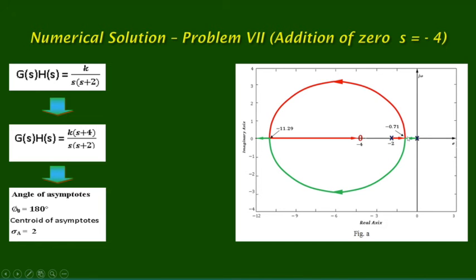Then this is the 180-degree asymptote. So these two root locus branches move and meet at a point, and from another point one root locus branch moves to infinity and another root locus branch moves to the finite zero. Then calculate these 2 points.